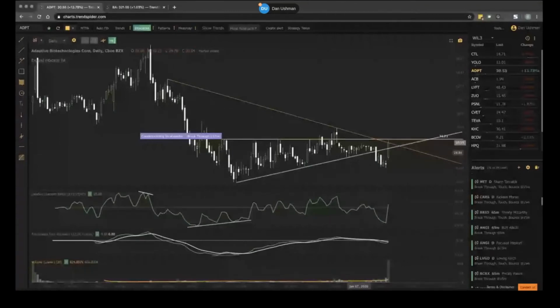And what I decided to do instead was to wait to see if it can confirm higher highs. Right. So all I did was I created an alert on this trend line I had up here, right? This horizontal level at 31.23, right? I want to see if it can get above this level and if it can close above it, right? Now, I may be leaving money on the table, right? Like I could have jumped in on this when I saw it break back above this line, right?